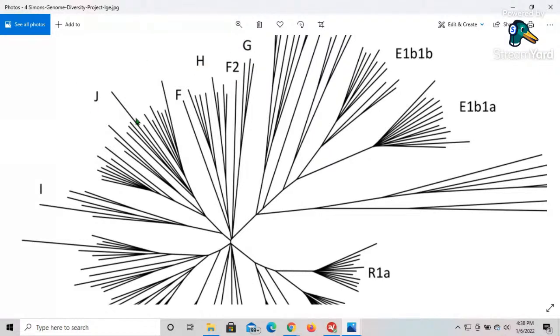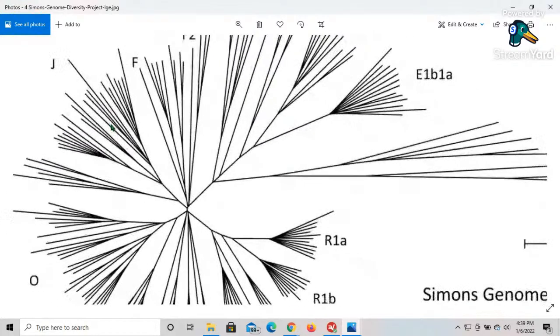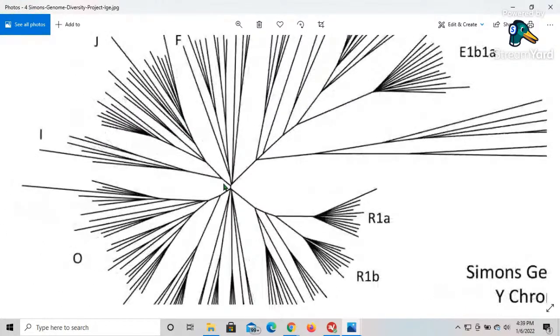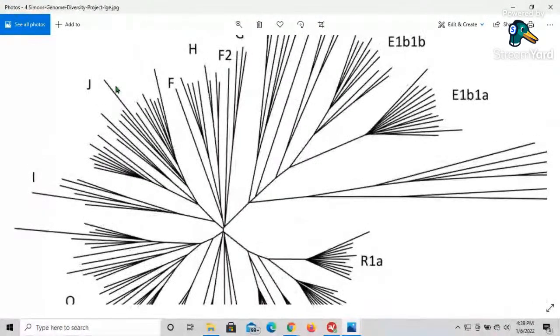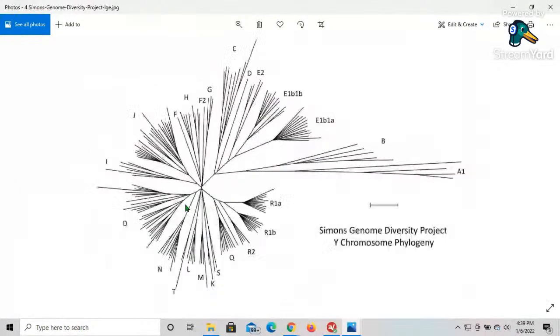And of course, the I and the J would be descendants of Arphaxad, which includes probably the Hebrews, Arabic, Israel. It's all one lineage going back to Arphaxad.